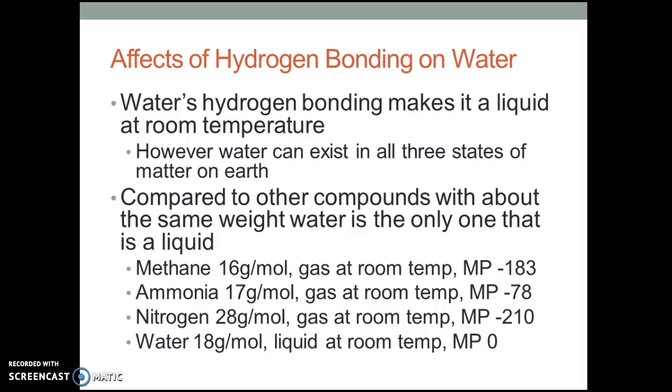It's negative 78 degrees Celsius. Nitrogen is bigger, and it's negative 210 degrees Celsius. And then you've got water that's around zero for its melting point, and it's definitely a liquid at room temperature because of that strong attraction between the hydrogen and oxygen on different water molecules.